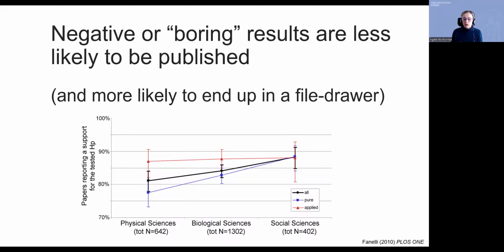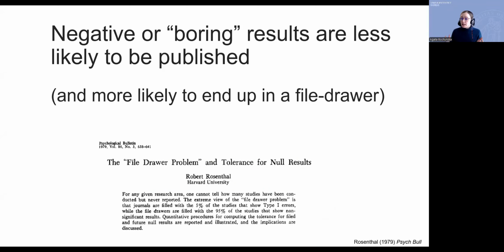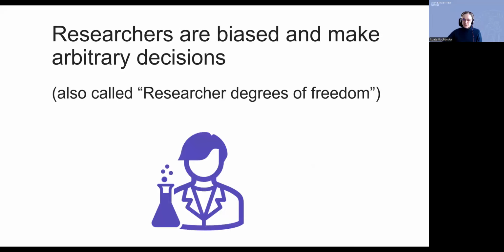So a result supporting the original hypothesis, which by sheer probability is not really possible. So we have that excess of positive results in the literature, and it's not a new problem. This has been brought up already in the 70s and has been called the file drawer problem, and this low tolerance for null results that we have in the published literature.